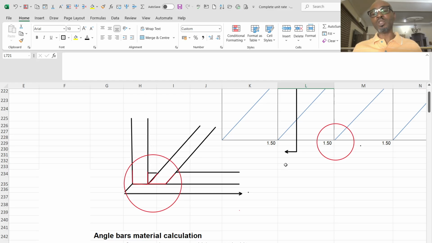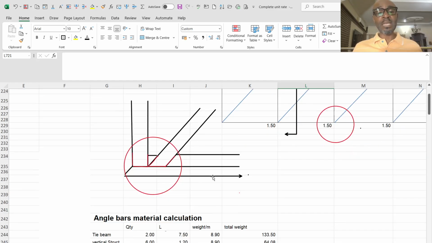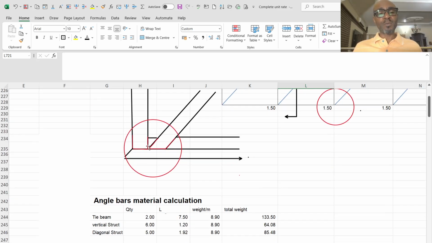And this is a typical joint of the girder. As you can see on the screen, the vertical stroke is welded in 3 locations. You can see the red color indicating there was a welding here, another welding here, and the bottom. The same thing for the horizontal stroke, it is welded on this location and the bottom.